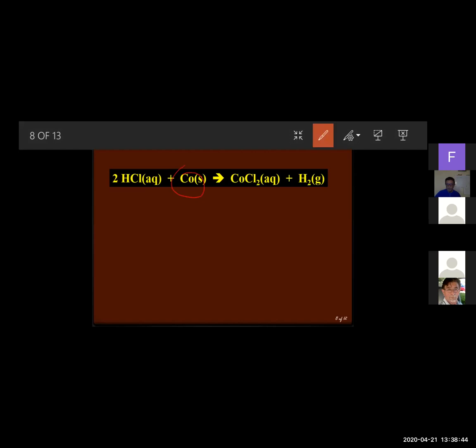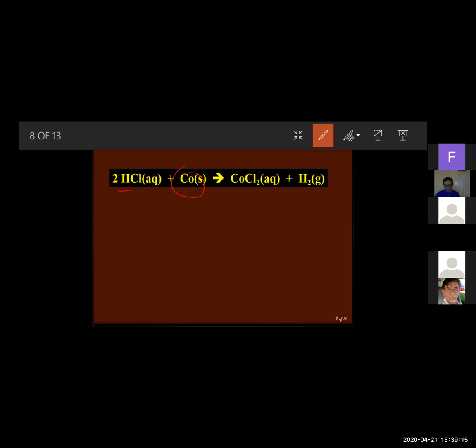Hydrogen, you'll see in the activity series is just given the letter H. So cobalt is a lot more reactive than hydrogen, okay? Hydrogen plus, the proton, that is the compound state of hydrogen. So the next question is, is the most reactive element in a compound state? And the answer is no. Cobalt is elemental, so the reaction proceeds.